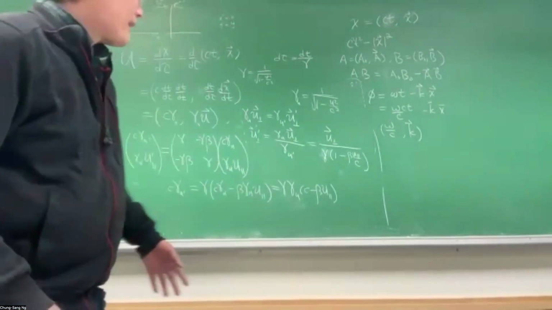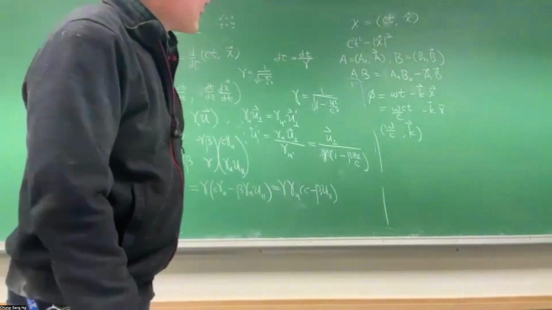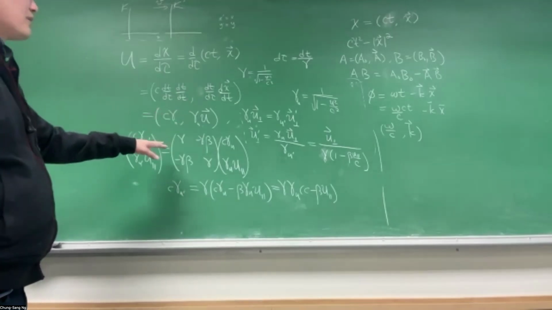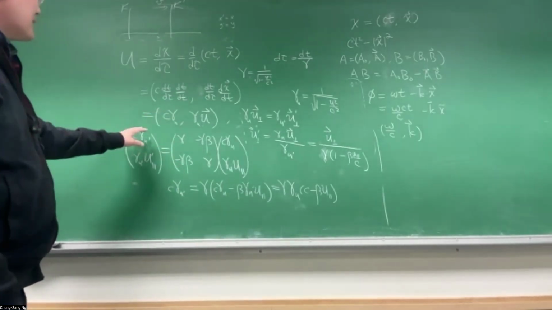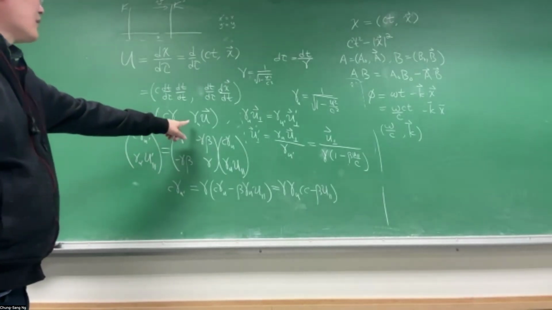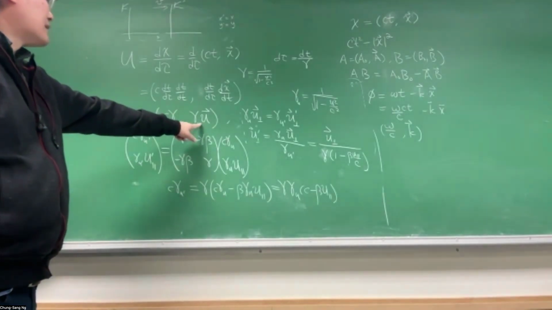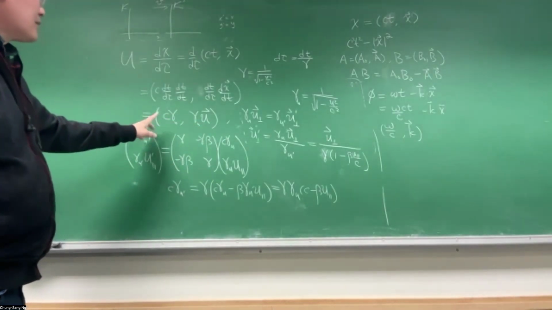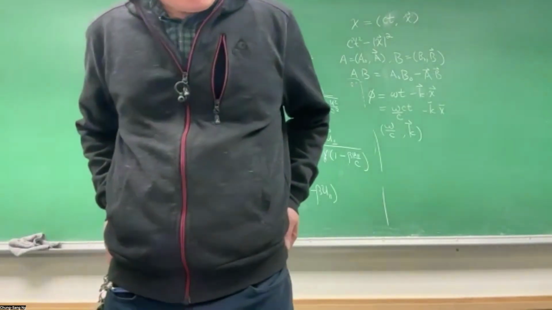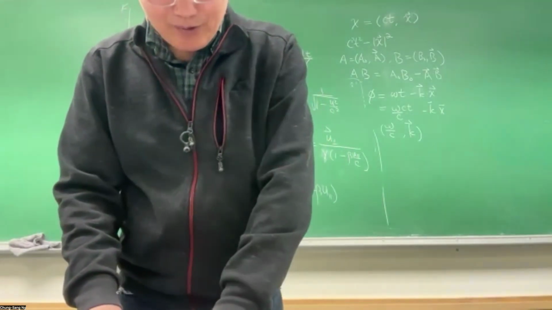So all this transformation, by this you can figure out how to transform velocity. The velocity transformation formula is more complicated than the Lorentz transformation because the four velocity is actually more complicated. Four velocity is not just the ordinary velocity, even the spatial part. You need to multiply by this gamma factor, which makes everything more complicated. And if you want to transform acceleration, that is even more complicated.